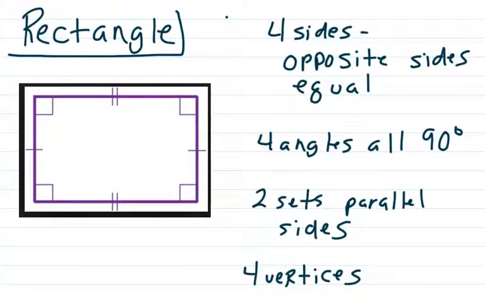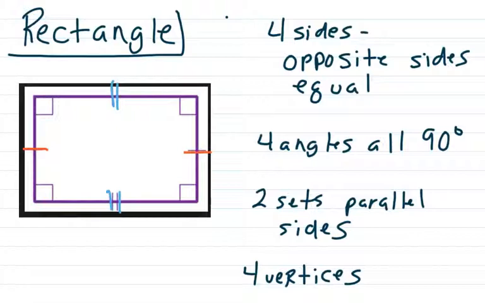Now our next quadrilateral, and this is also a parallelogram, because remember, a parallelogram fits the definition that it has all parallel sides, is a rectangle. Four sides, the opposite sides are equal. Same thing you saw on the parallelogram, these two sides are equal, and these two sides are equal.